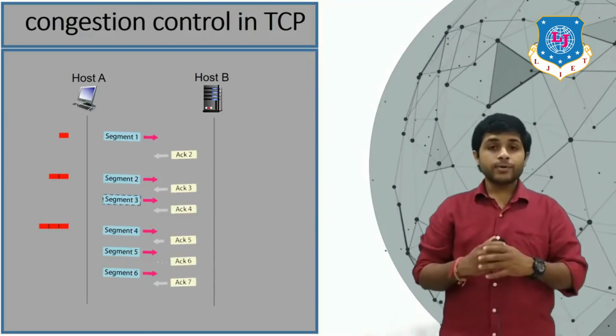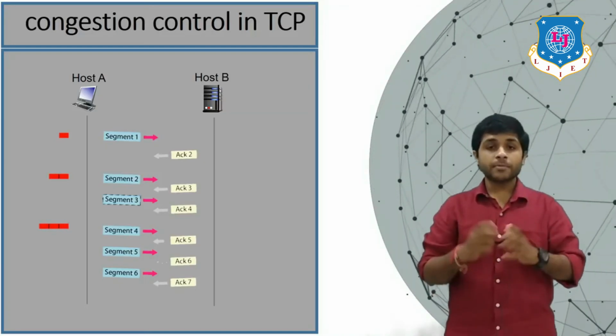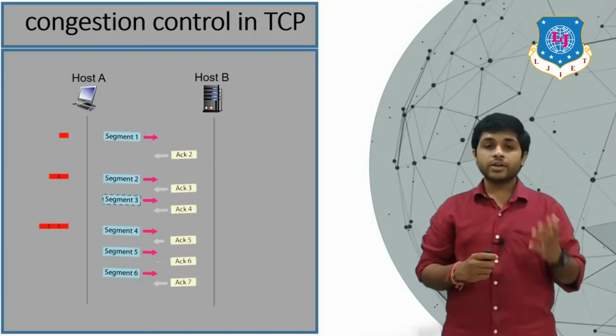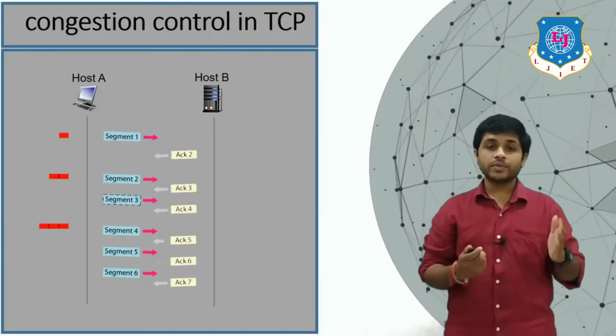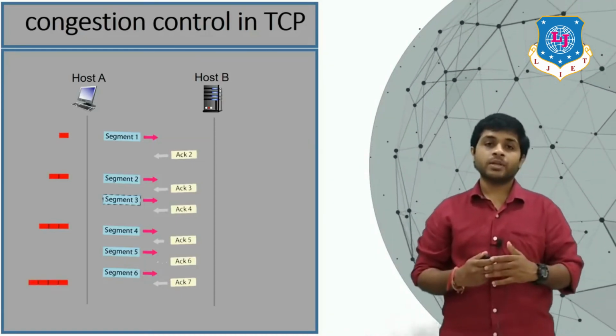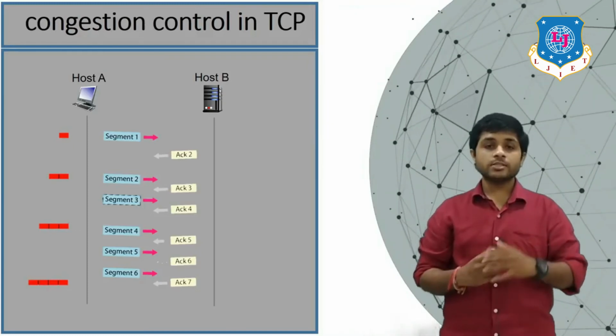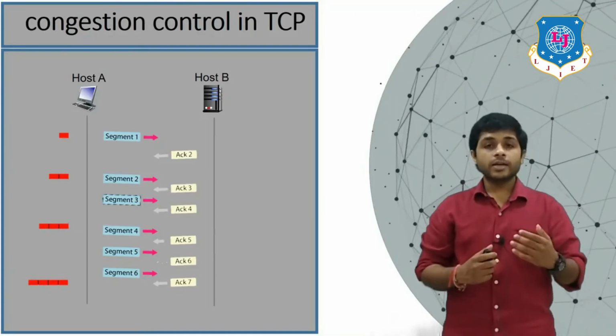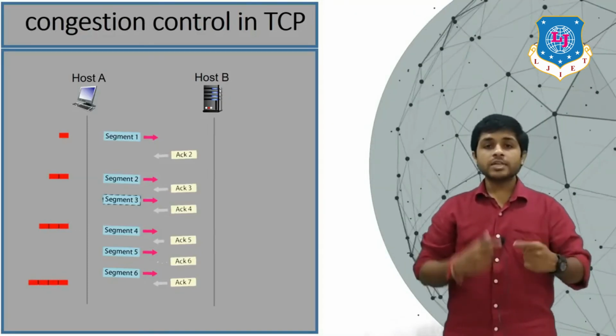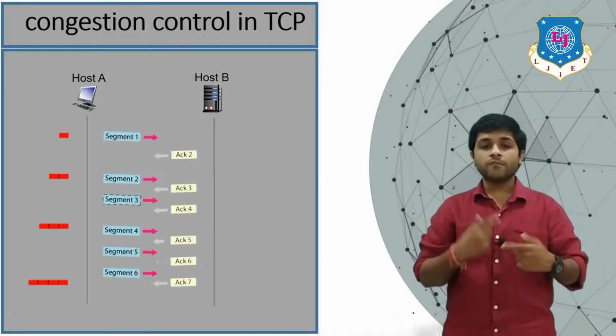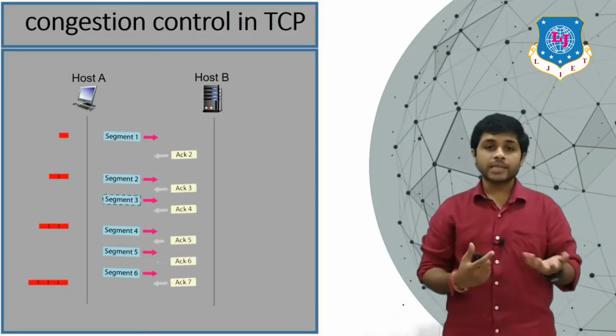If again acknowledgements are received in a particular amount of time, the sender will think that there is no congestion, so it will send more packets. This phase is known as the multiplicative increase. So the sender will keep increasing the number of packets which are sent per second.